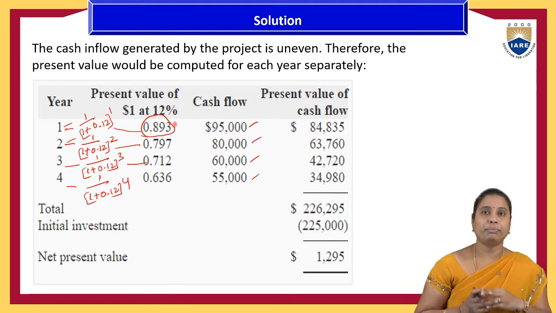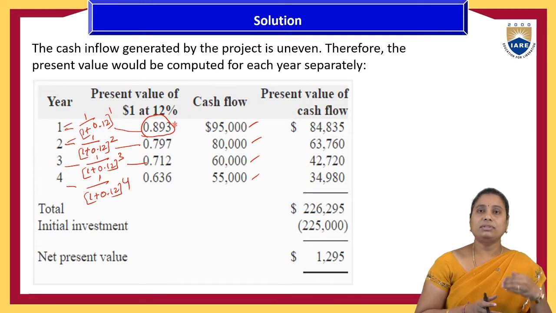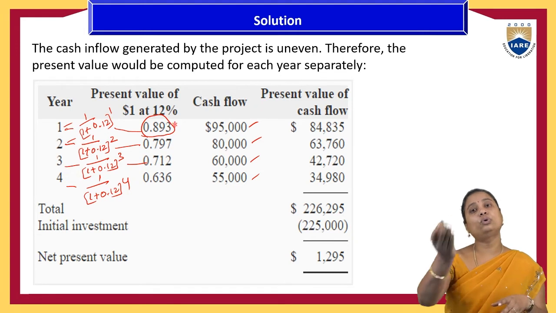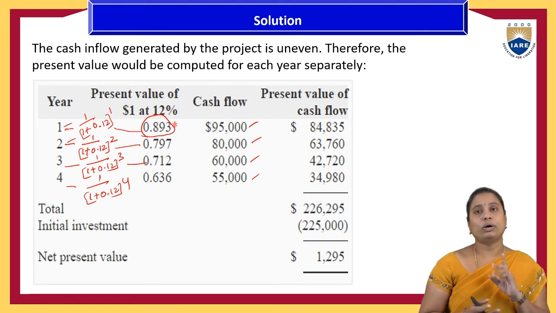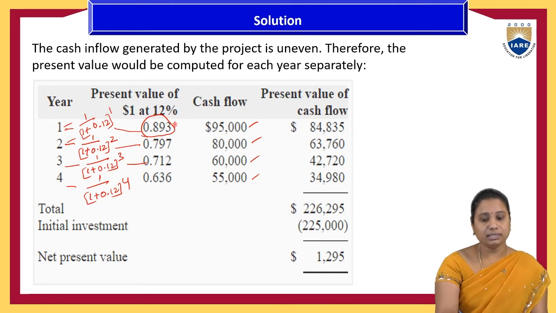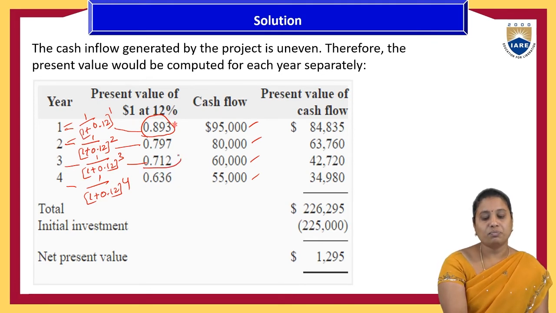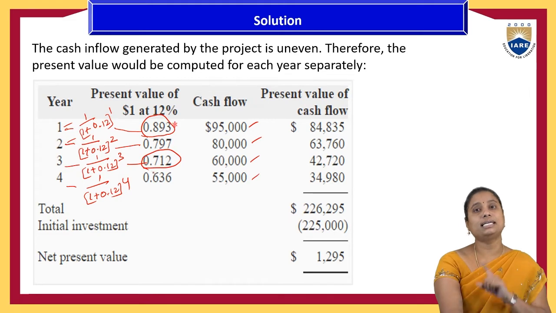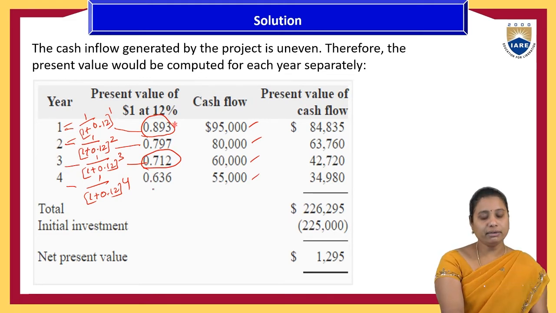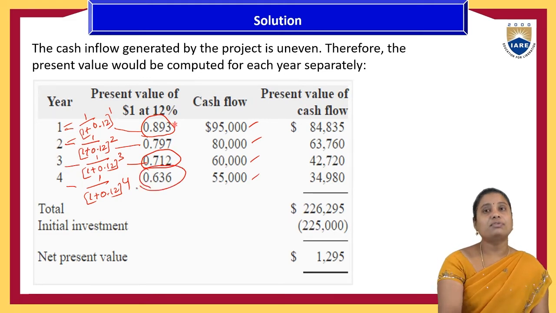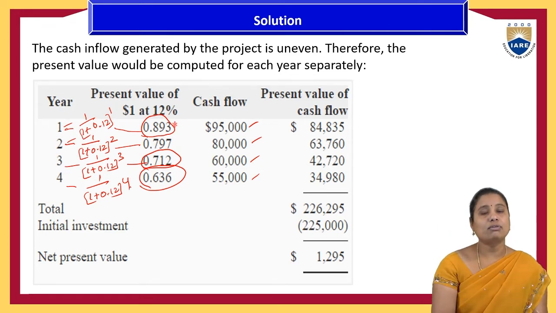But if they invest 0.79 today, after 2 years there is a chance of getting 1 rupee. If they invest 70.71 paisa now, then after 3 years they'll get 1 rupee. If they invest 63 paisa now, after 4 years they will get 1 rupee.